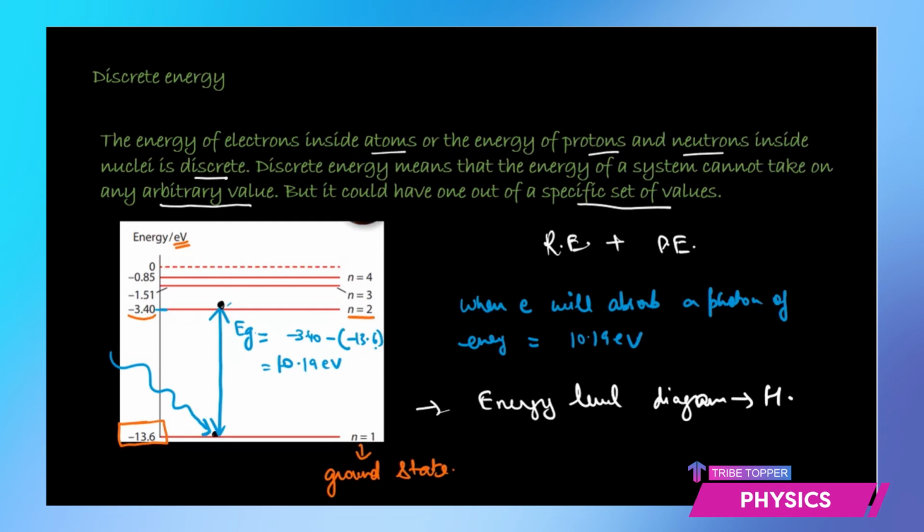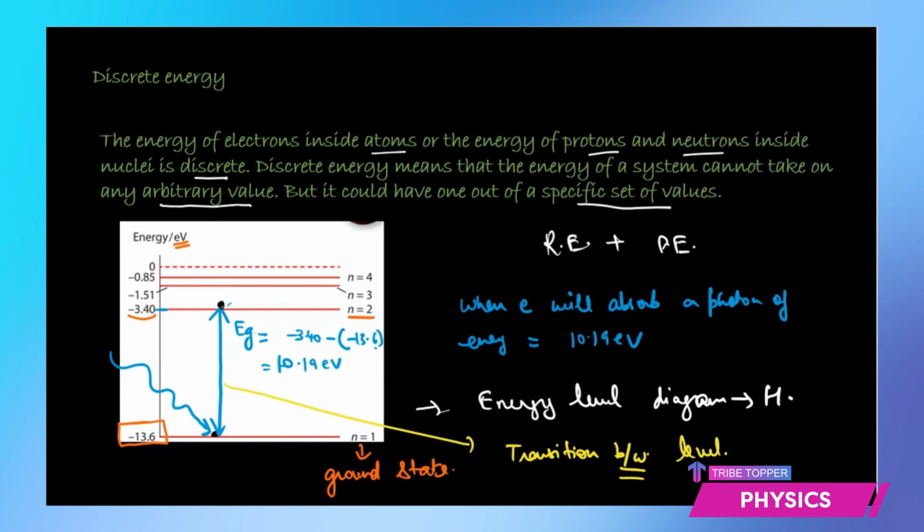This jumping is known as transition between the levels. Transition means that an electron moves from one level to another level.